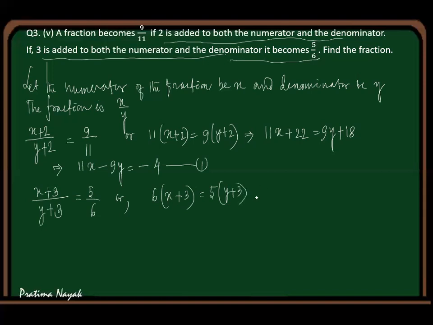This gives me 6x plus 18 is equal to 5y plus 15, or 6x is equal to 5y minus 3. Then x is equal to (5y minus 3) by 6. This is equation 2.